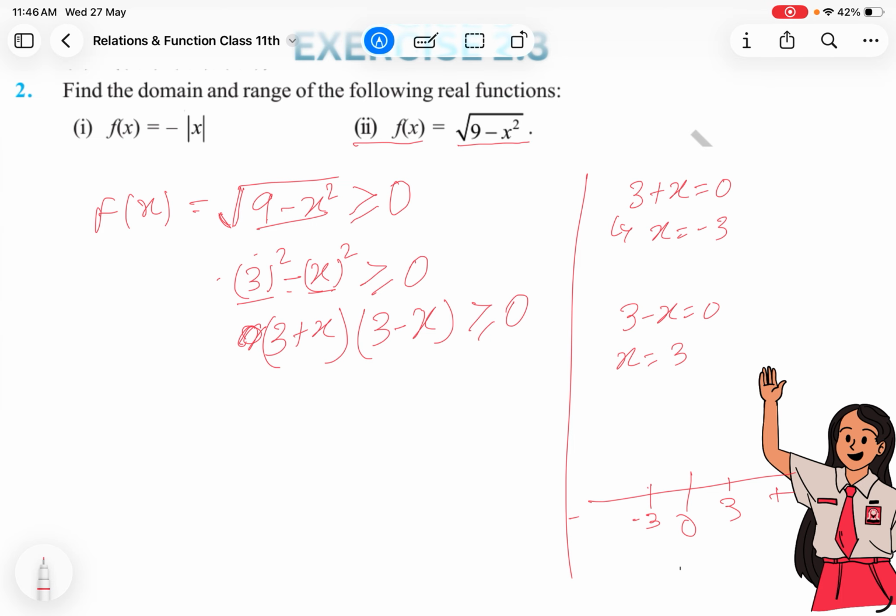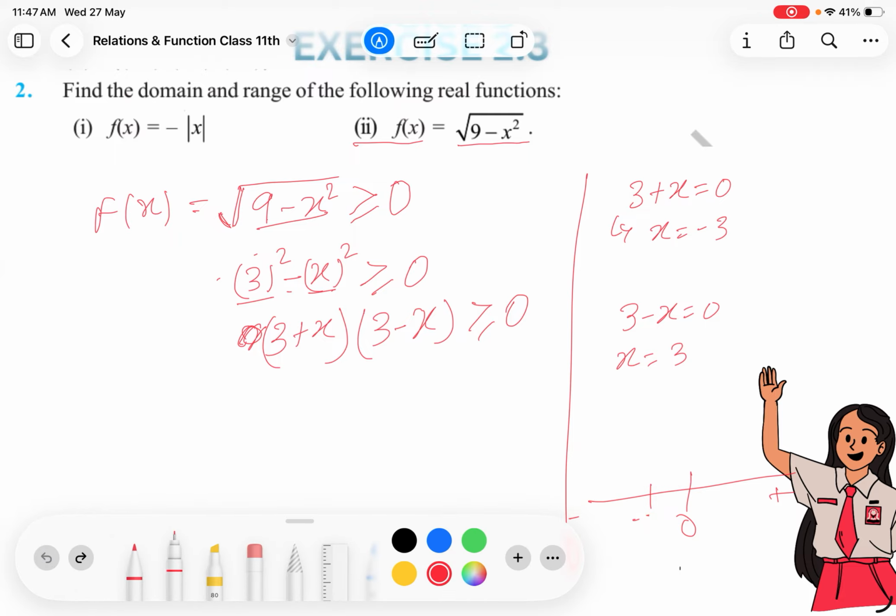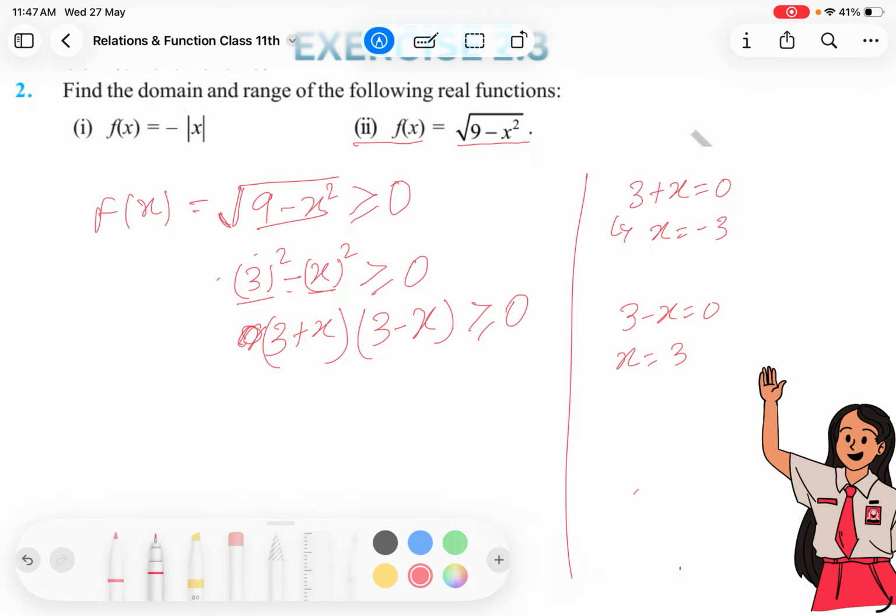The first interval is less than minus 3. The second interval is between minus 3 to 3, where 3 and minus 3 are included. Suppose this is a number line.